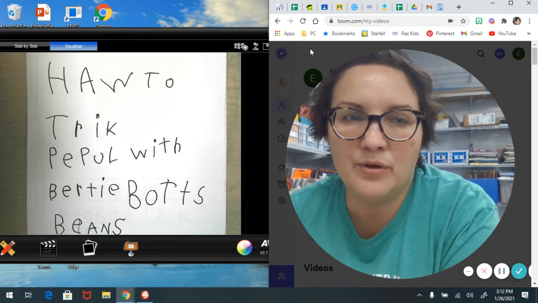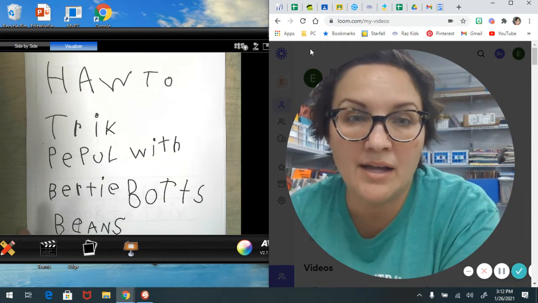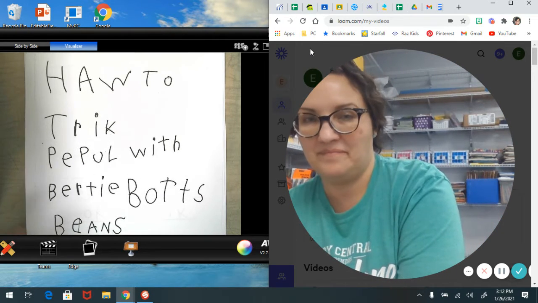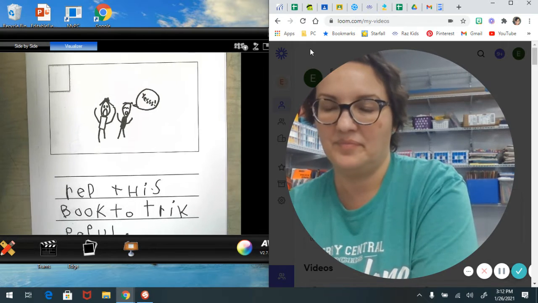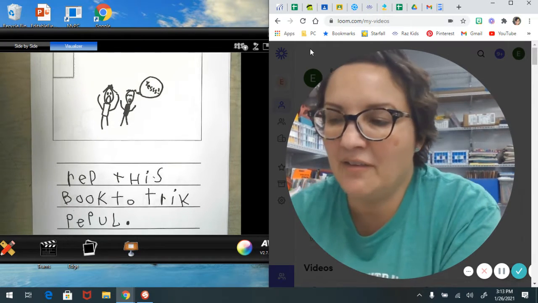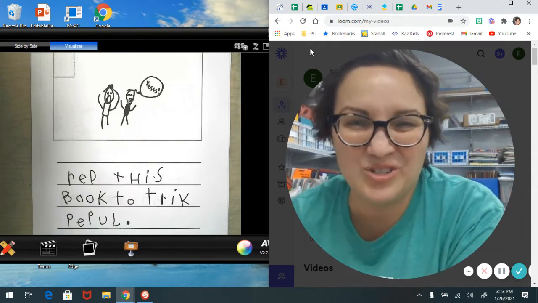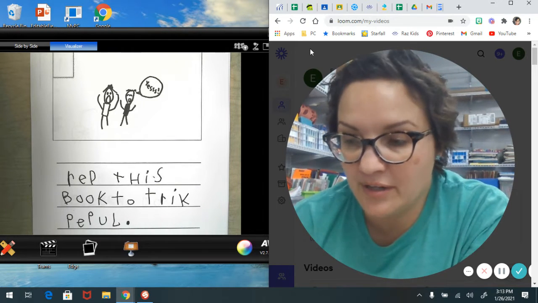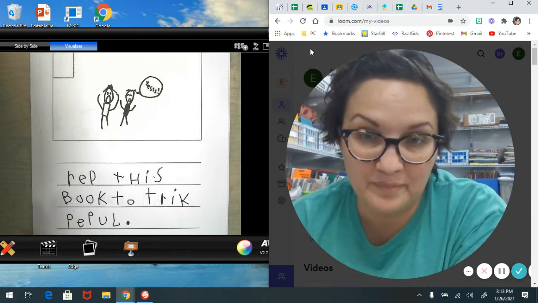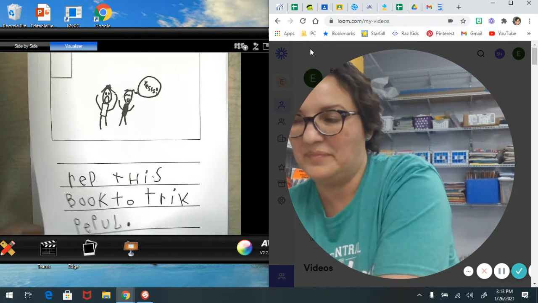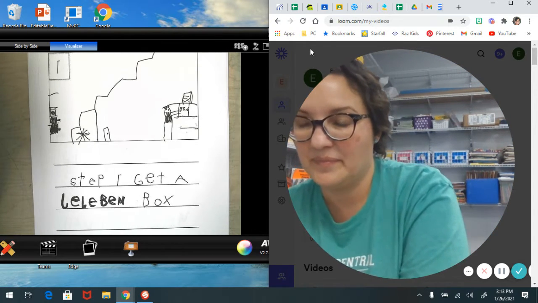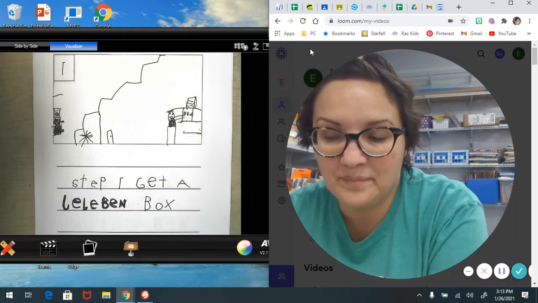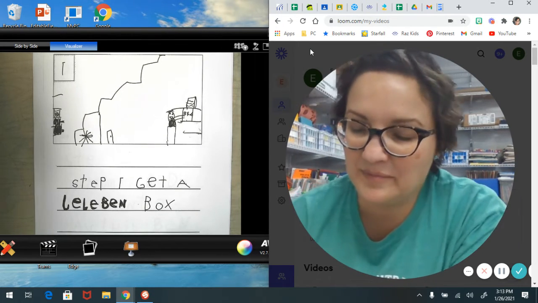How to trick people with Birdie Bot's beans. I love the picture and their faces that are showing all that emotion. Read this book to trick people. Step 1, get a jelly bean box.